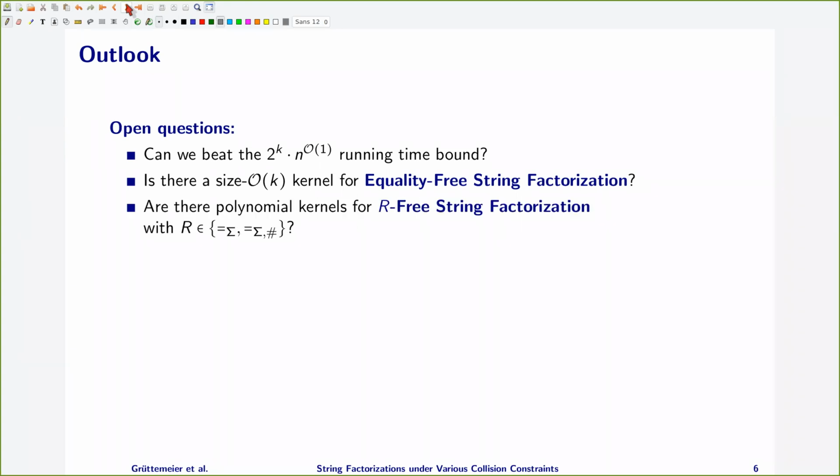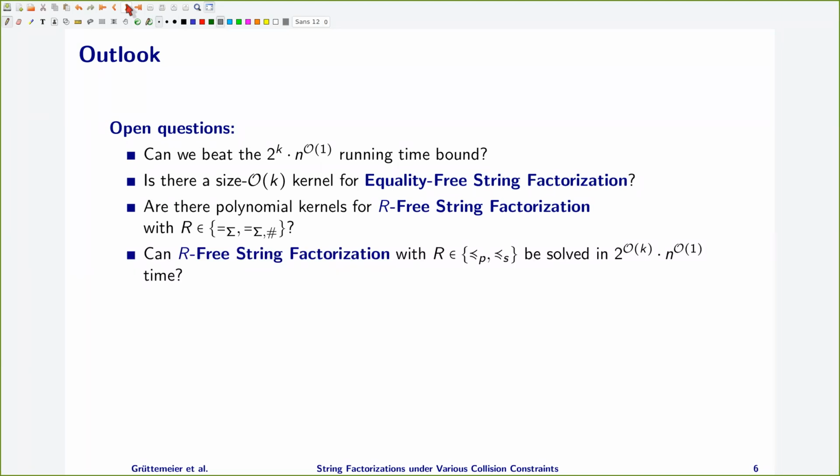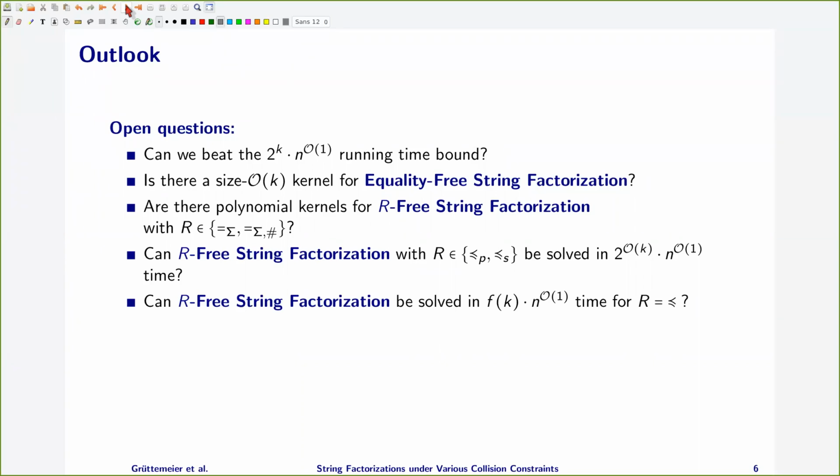And also we would like to have polynomial kernels for these other equivalence relations. We would like to improve the running time bound for this prefix-free factorization, where we have an FPT algorithm only, but with basically a k to the order k running time. And the final thing from a theory standpoint would be to show that we have an FPT algorithm for this substring relation.